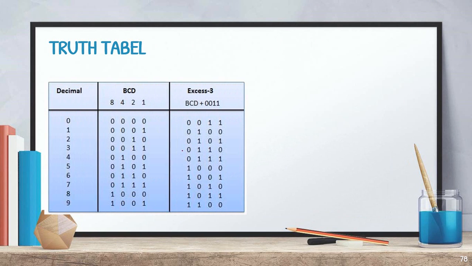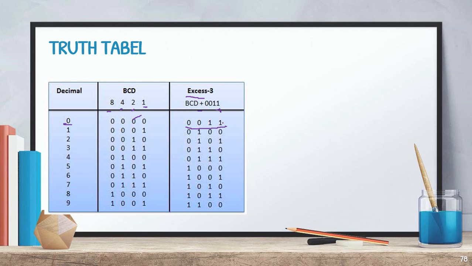If you take the number 0, the BCD representation is usually a weighted one, where the first LSB is weighted 1, then 2, 4, 8. So for the number 0 all bits are 0. Adding 3 means the weightage of the first bit is 1, the second is 2, so 2 plus 1 is 3.